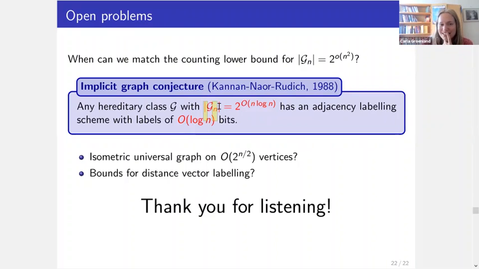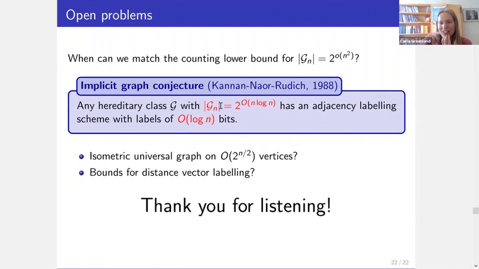I think that it could in general be true that for all graph classes, this counting lower bound is matched. I think also outside of this range. But I know that there are some graph classes for which this behavior of Gn goes up and down a lot and is very erratic, but it could still be that your optimal adjacency labeling schemes just exactly follow these curves, I think.